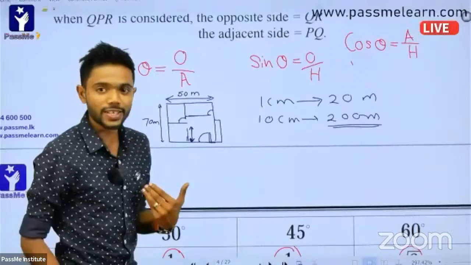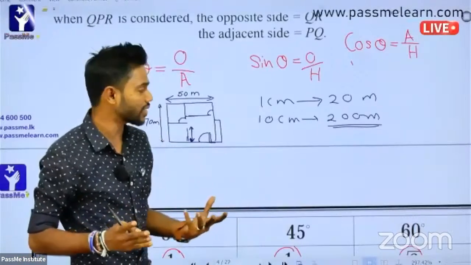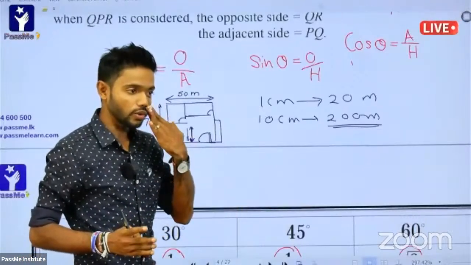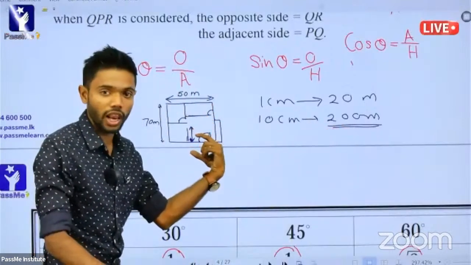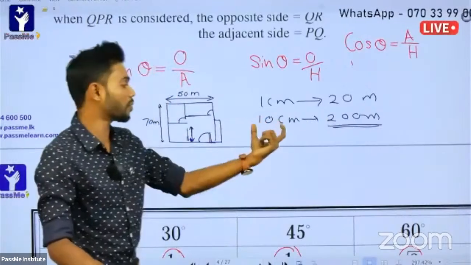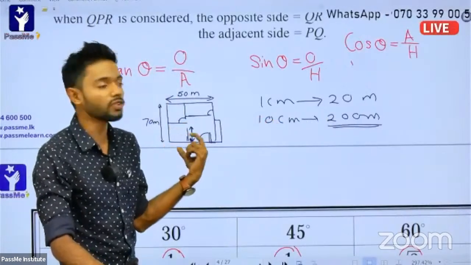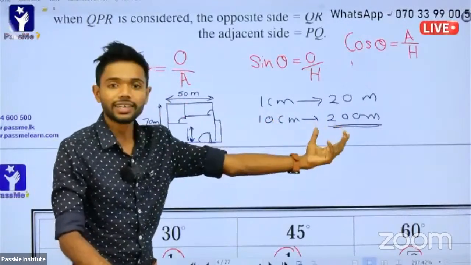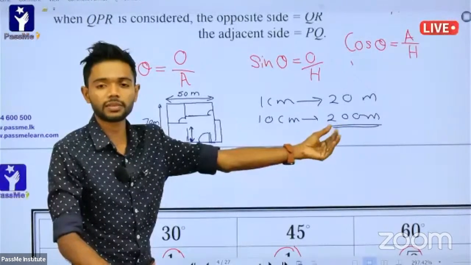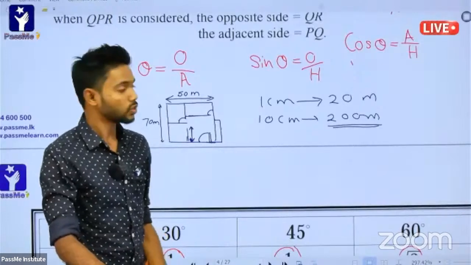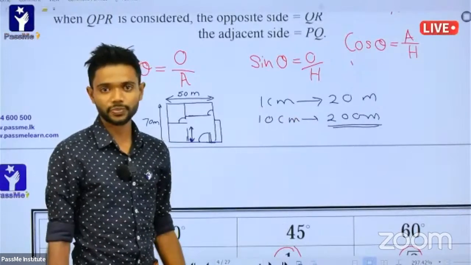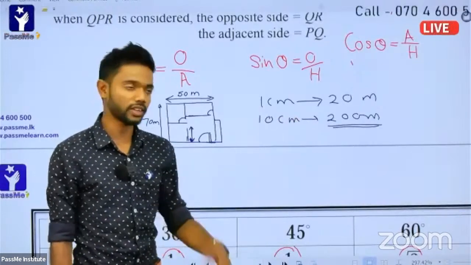The person who is constructing, or the contractor, needs to know the length of this wall. This is coming from centimeters in the plan view, but we need to convert it into a realistic value, that is 200 meter. So this is what we construct at the site, in your land.